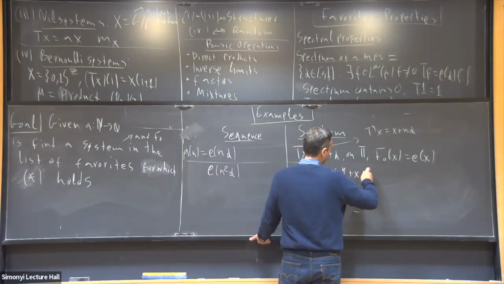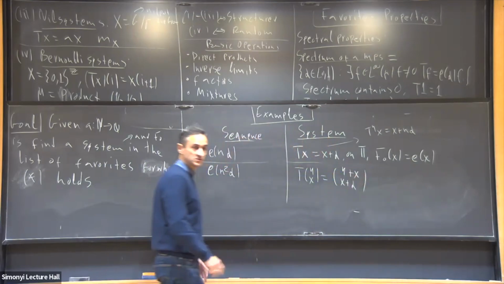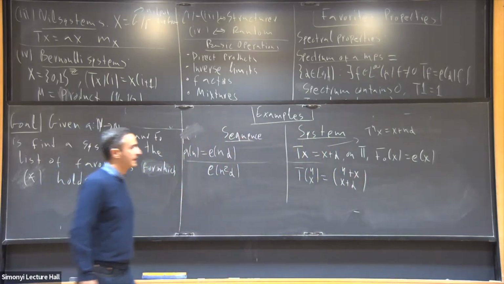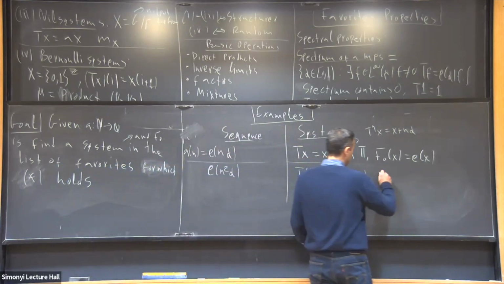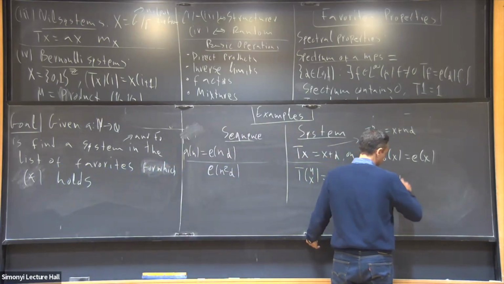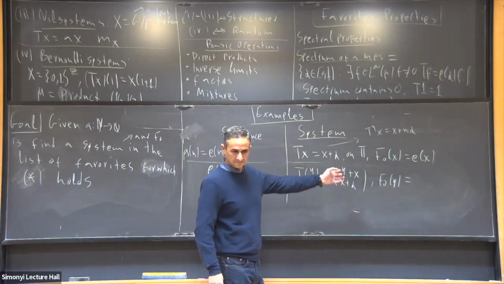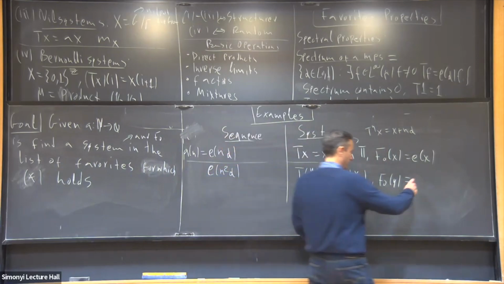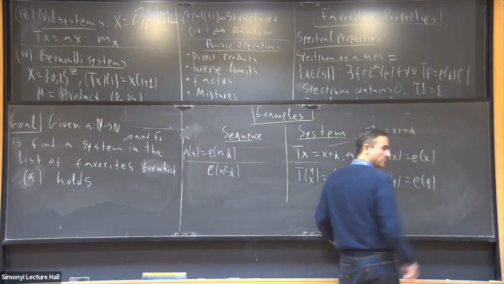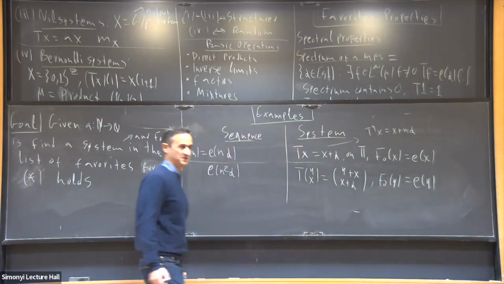You can take 2x plus alpha, it doesn't matter. These two systems are isomorphic. And here, tell me the function. E to the y, correct. We did not plan this.